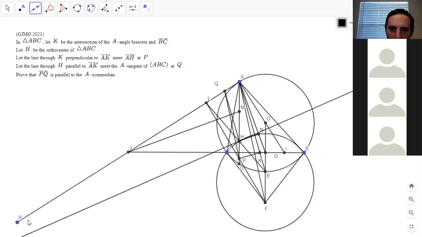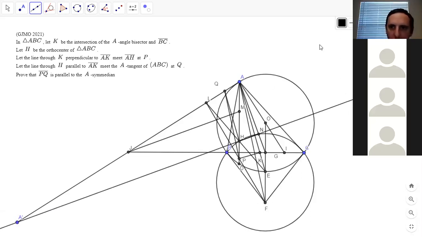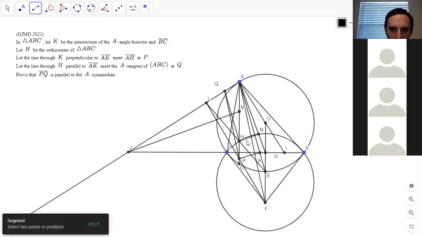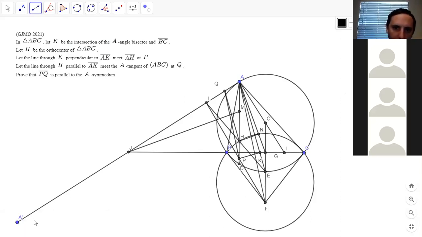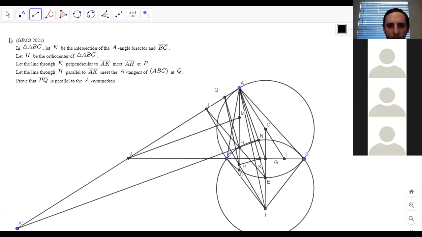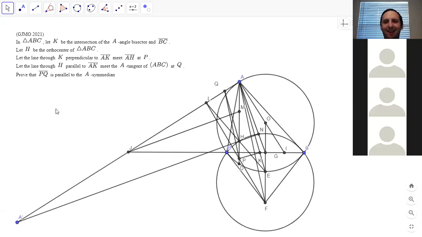So A prime, H, and N are collinear, basically, I think. Yeah. Do we know that JM is perpendicular to AG? I just guessed because Khan said it, to be honest, but let's think about it.